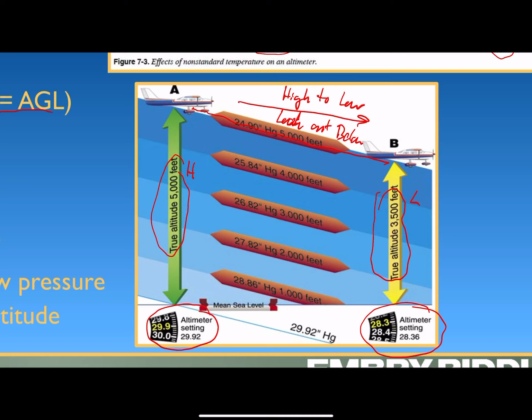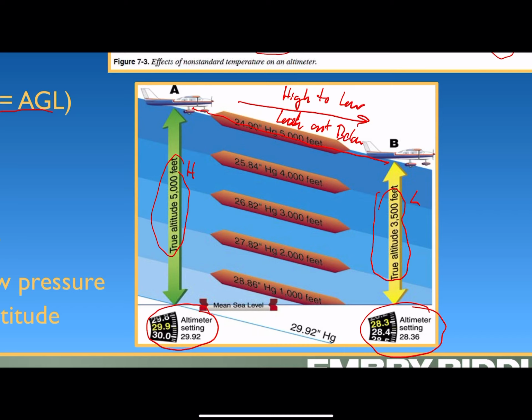This is why it's very important when you go on a cross country to get flight following. When you call ATC and request flight following, they give you updated altimeter settings as you fly along. That way you always have the most up-to-date altimeter. Because we're training to be instrument pilots, you are now their priority.